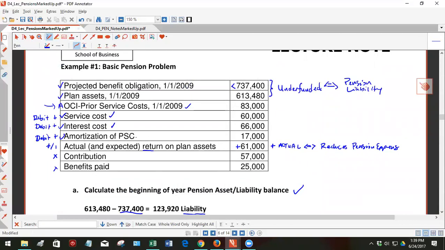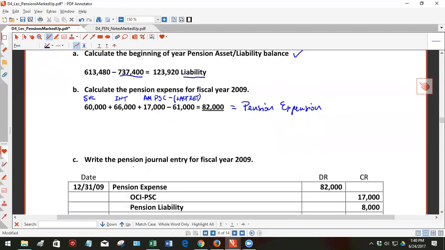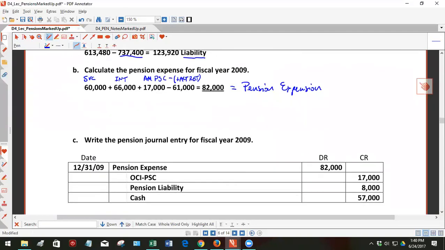Service costs, interest costs, amortization of prior service costs, actual return, and then we're going to see the last complexity of asset gains and losses, but we're not dealing with those yet. And with respect to the journal entry, this is the pension expense adjusting journal entry. So clearly the pension expense is going to be debited. So the 82,000 goes down here.